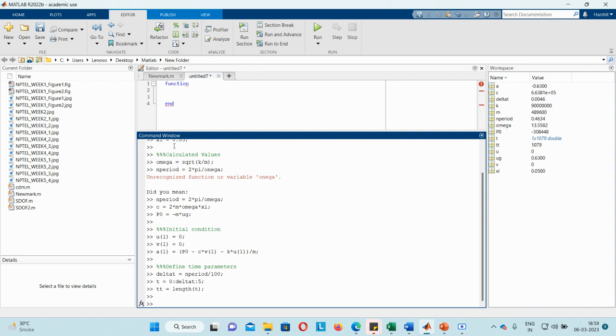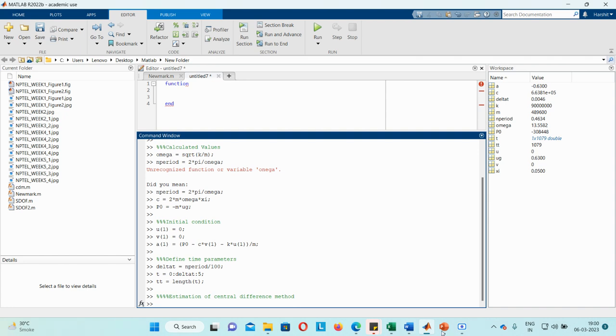Now we will define the constant values that we need for the estimation in the central difference method. What are these values I'm talking about?